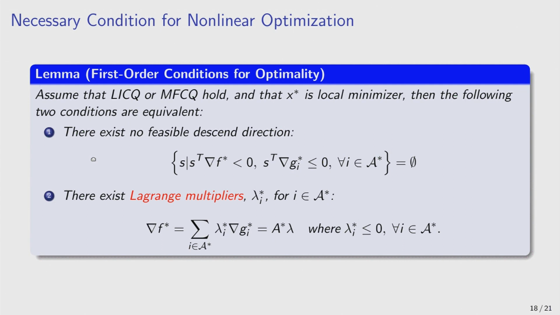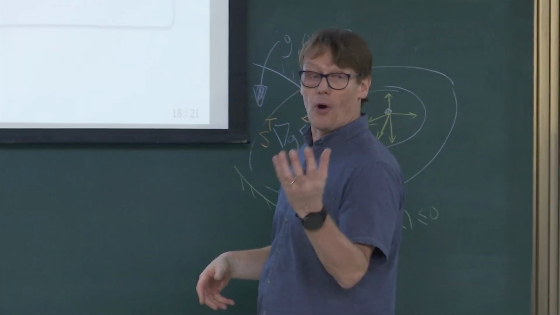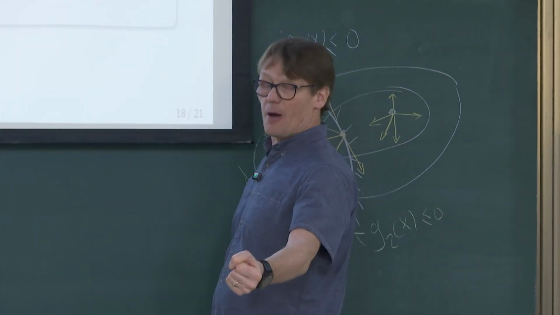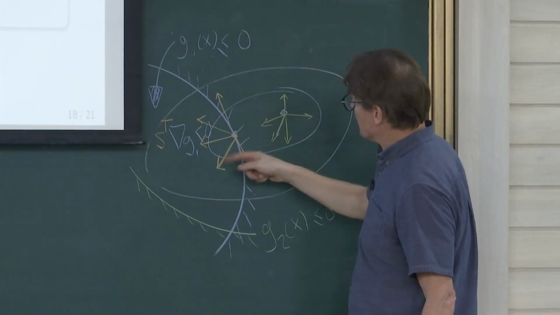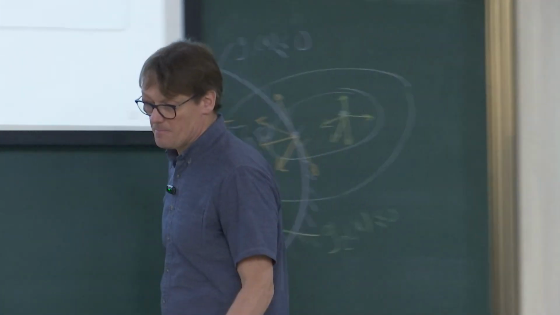So again, we're in the case where we solve a linear system of equations. Somebody gives us a point and tells us, I know this is the optimum. All we need to do is solve this system of equations. That's easy, okay? So there's one caveat here. There's now a sign restriction on the Lagrange multipliers. That has to do with the fact that we only have these open directions, but we don't have the opposite ones.